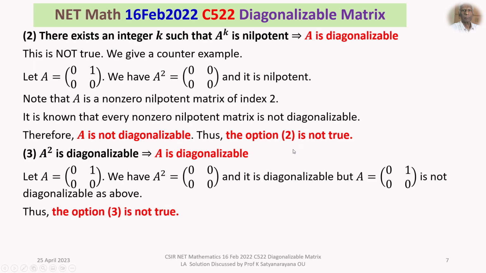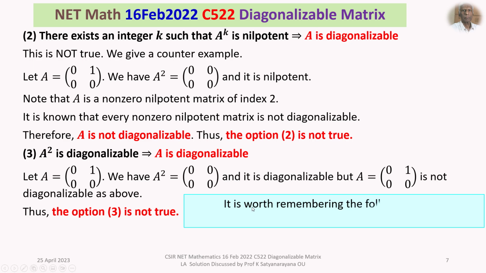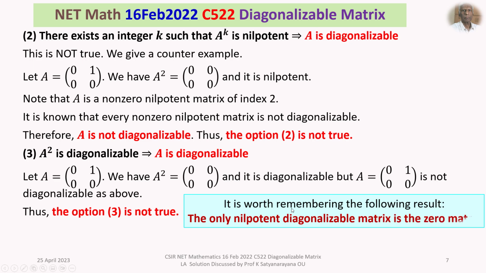So option 2 is not true, option 3 is not true, whereas option 1 we have already proved is true. It is worthwhile to remember the following result. The only nilpotent diagonalizable matrix is the zero matrix.